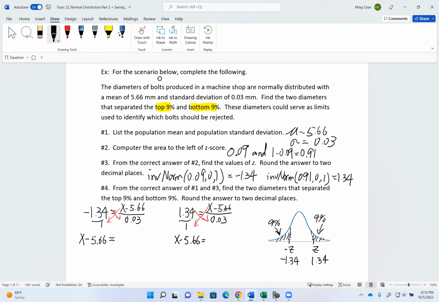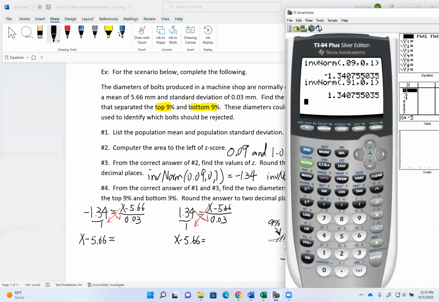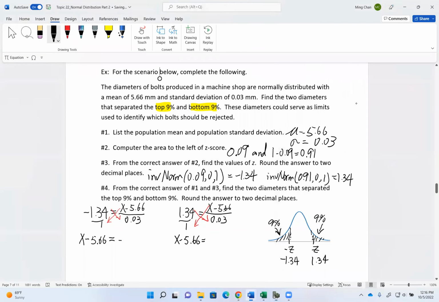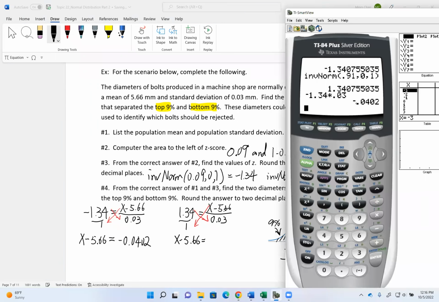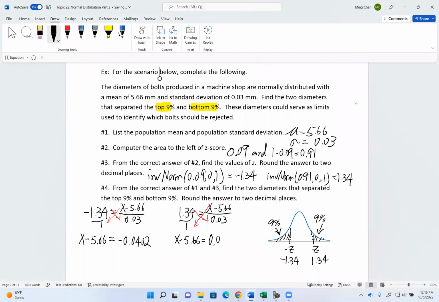Set it equal to negative 1.34 times 0.03, which is negative 0.0402. So the other one has to be positive 0.0402. All right, so add 5.66 on both sides.